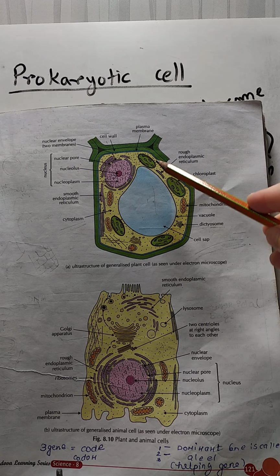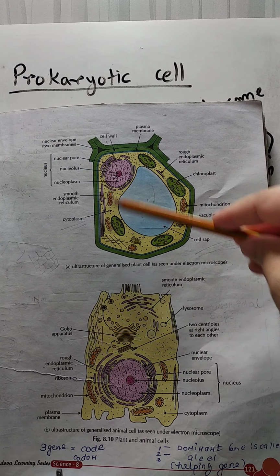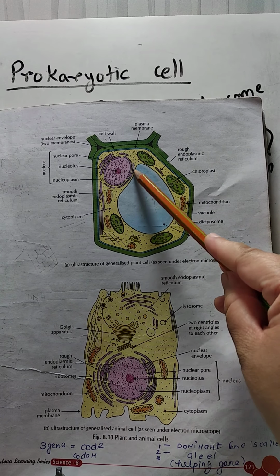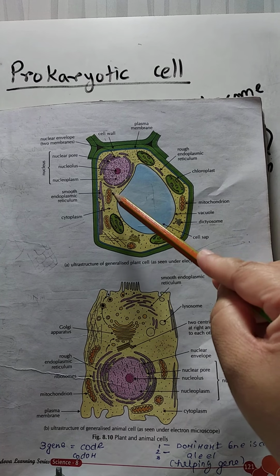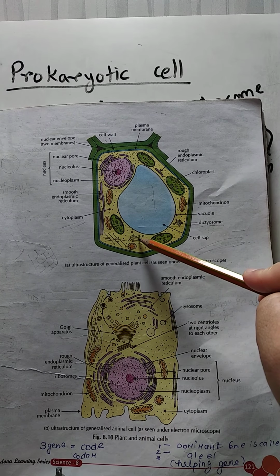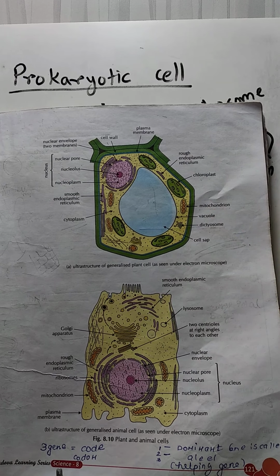One more thing: for eukaryotic cells, we can see many different membrane-bound organelles over here. See over here, what is this? This is endoplasmic reticulum, mitochondria, then these are plastids, then Golgi apparatus, then lysosomes. So all these are present.